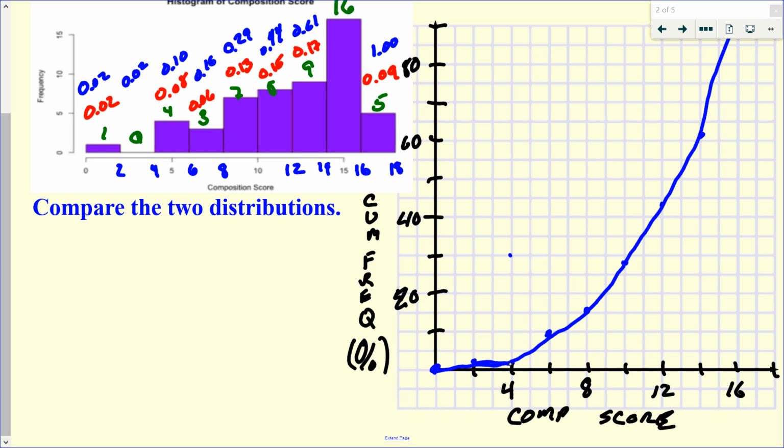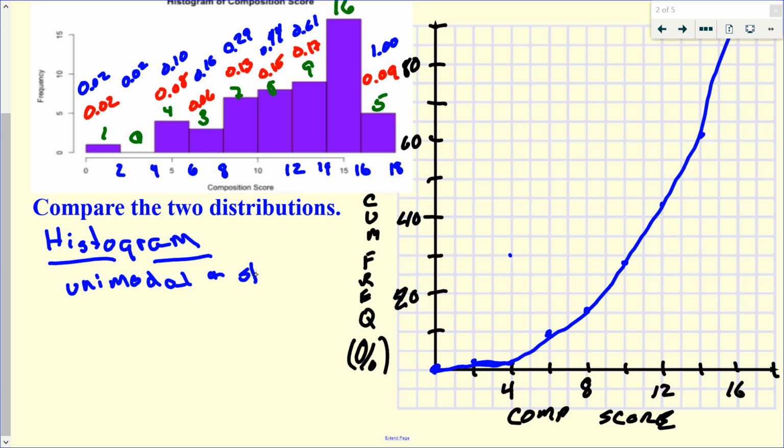Okay, so our follow-up question is to compare the two distributions. Okay, so we can tell that the histogram is unimodal and skewed left.